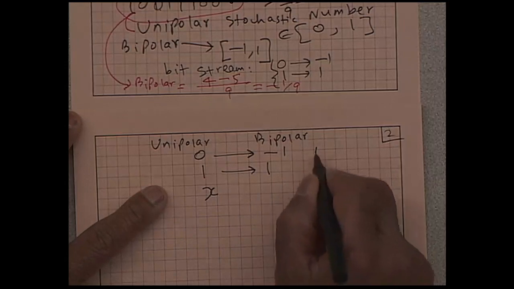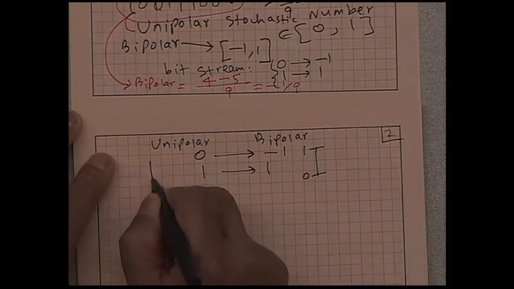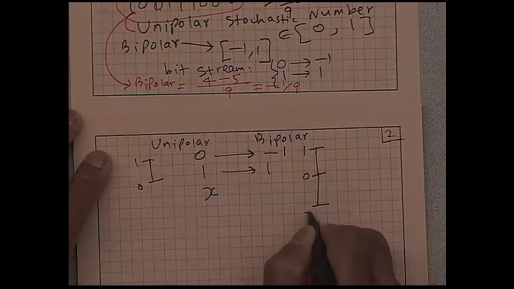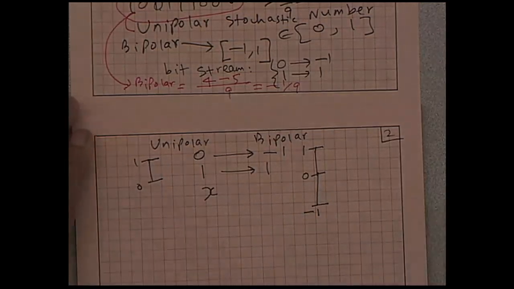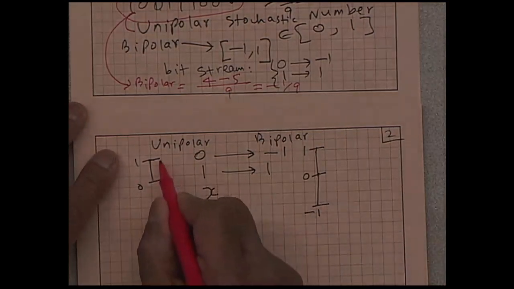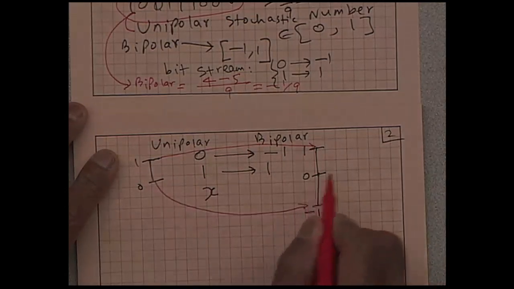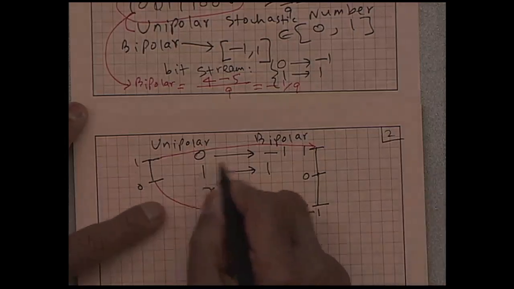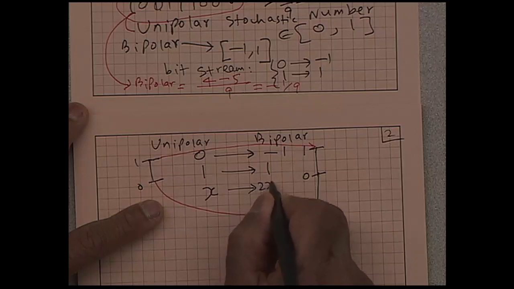We are taking the dynamic range 0 to 1 in unipolar, and we are mapping that in the bipolar case to the range minus 1 to 1. So the 1 goes to 1 and 0 goes to minus 1. And in general, any bit x will map to 2x minus 1.